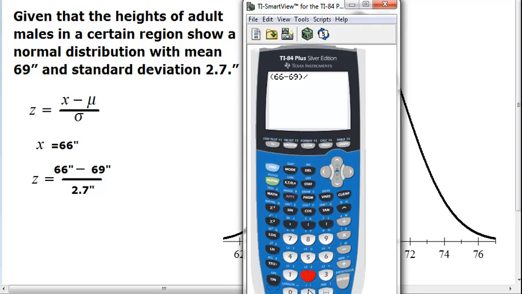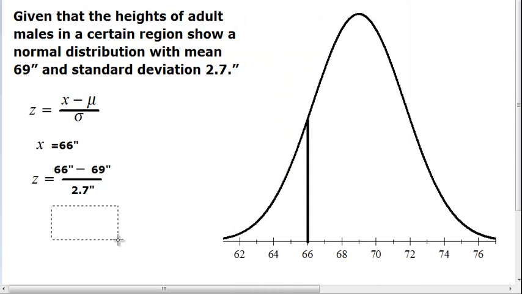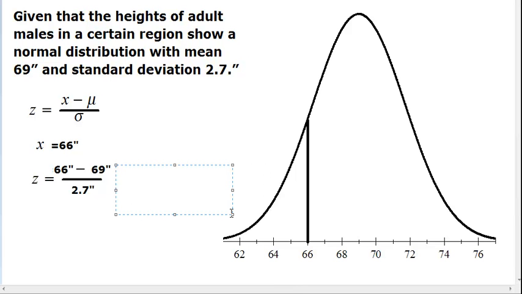And divided by 2.7. That's the z-score, right? So how much z came out to be then? It's about negative 1.11. Can I say inches here? No, it's unitless, right? Everybody clear?